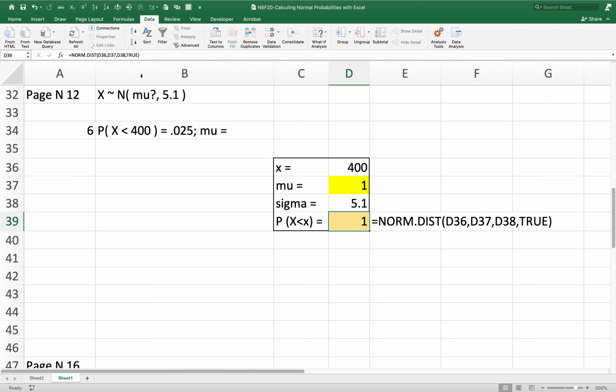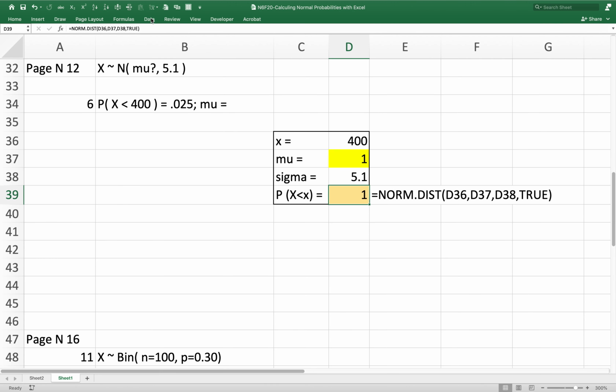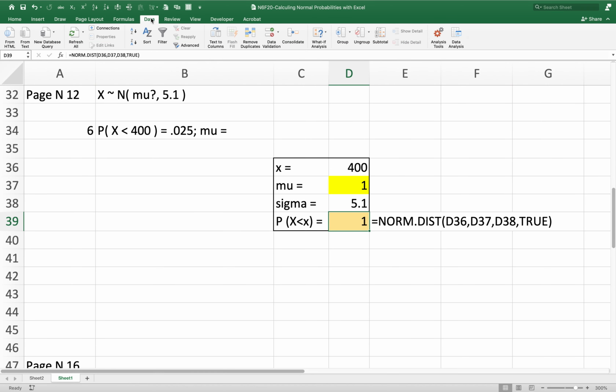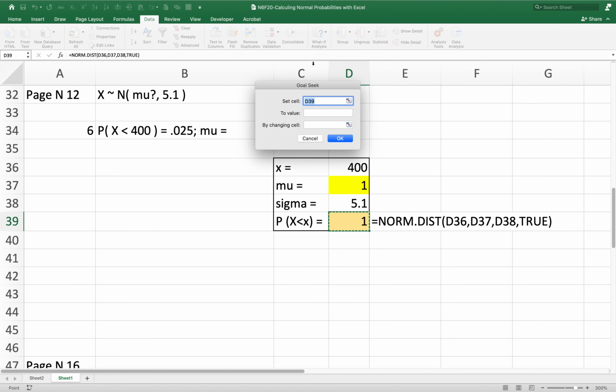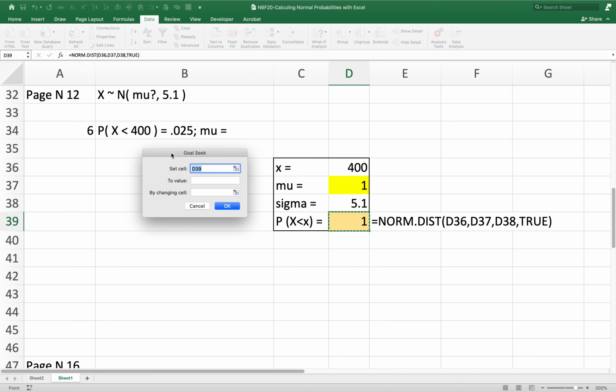We're going to go up here to the data ribbon. And this is the same on a PC version of Excel as well. Data, what if analysis, goal seek. All right, so data, what if analysis, goal seek. And that brings up a little dialog box that looks like this.